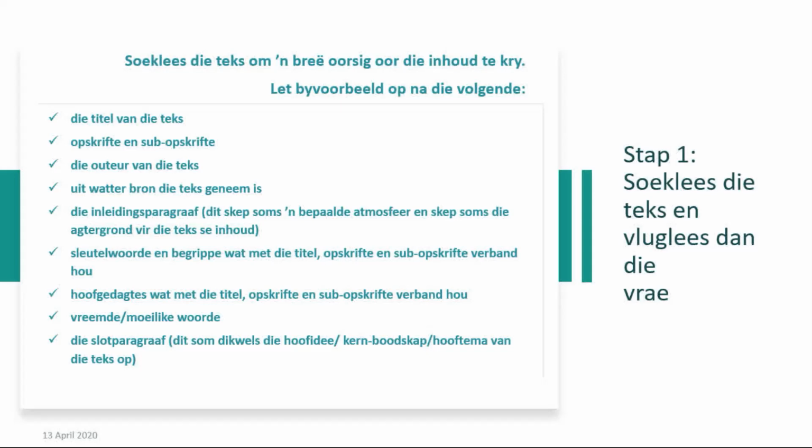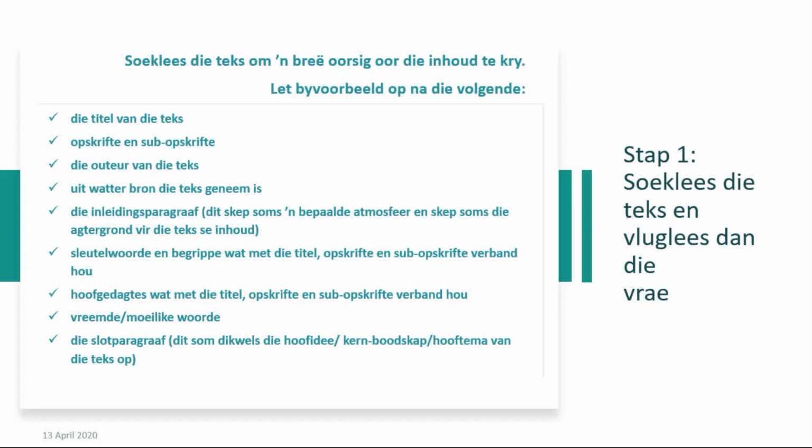Then, opskrifte en subopskrifte. So now after the heading, you see if there are specific paragraphs that have headings as well, and read those. Dan, die auteur van die teks. Now you go and search for who wrote this text. Is there someone that wrote this? Is it someone that said this? Who is it? Dan, uit watter bron die teks geneem is.